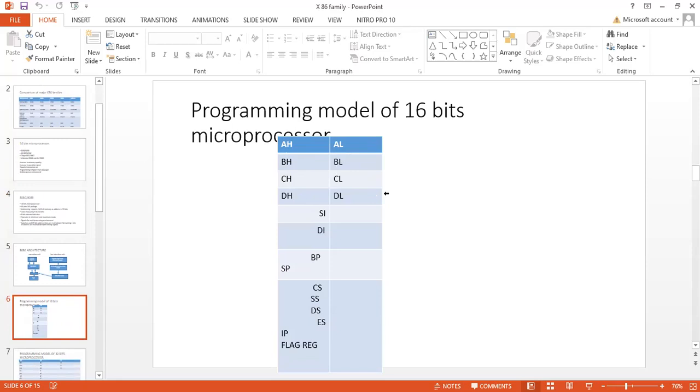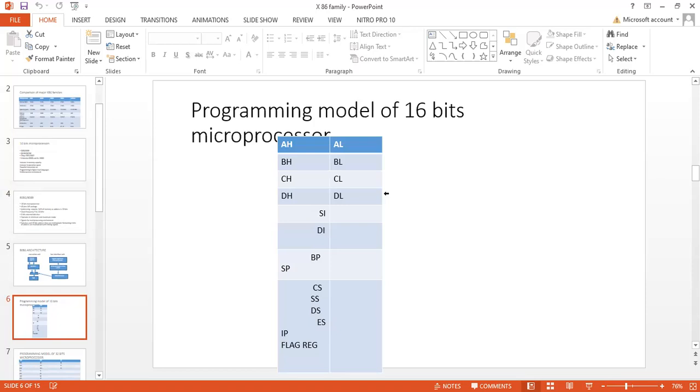Individually, they are 8-bit, but together they can have 16-bit. So AX is 16-bit, BX is 16-bit, CX is 16-bit, and DX is 16-bit. So AL, BL are the lower byte registers, and AH, BH, CH, and DH are your higher byte.